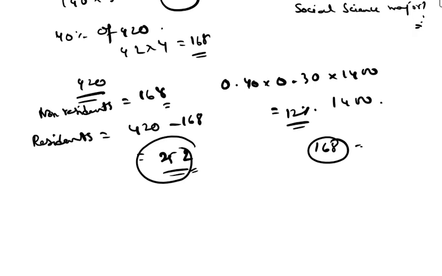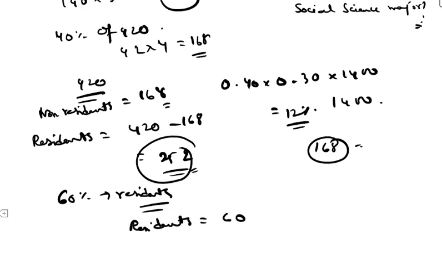Now since 40% are non-residents, that means 60% must be residents, right? Because the entire social science group is 100%. So instead of subtracting, we could directly calculate residents 60% of 420.